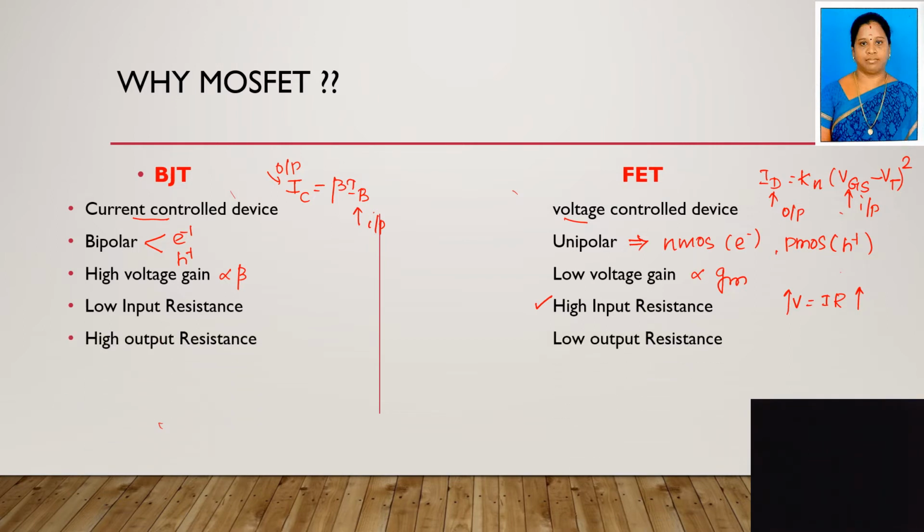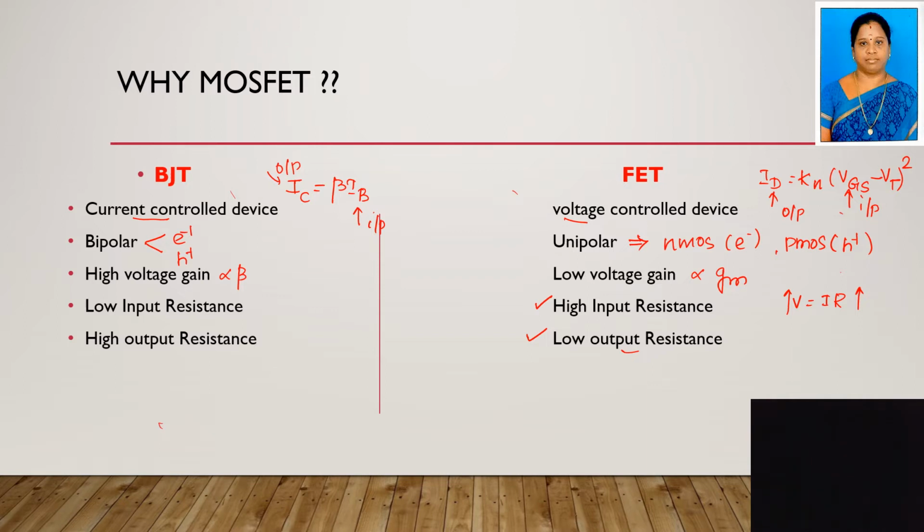And the next one is that BJT has high output resistance, whereas MOSFET has low output resistance. This is also a good quality of any voltage amplifier, because if you have low output resistance, all the voltage produced by the amplifier will be given to the load.